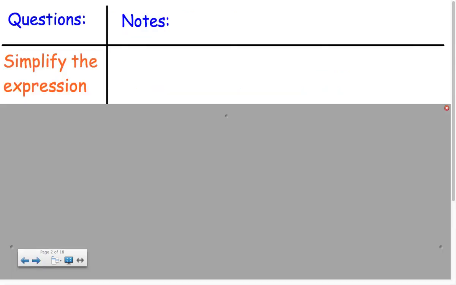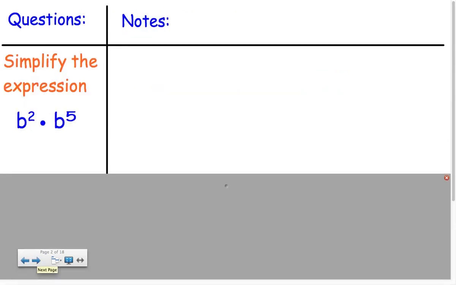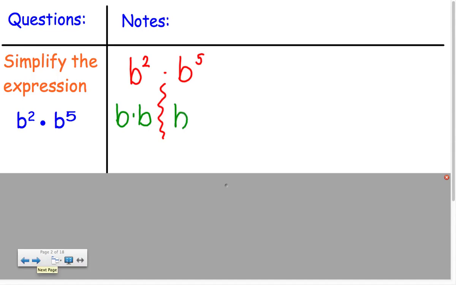All right, simplify the expression: b squared times b to the 5th. Now, I just showed you the shortcut for these, but I usually like to do it the long way, and I'll show you the long way as well. So I just break up my multiplication sign with a little squiggle to keep my problem organized. b squared is the same as b times b. b to the 5th is the same as b times b times b times b times b.